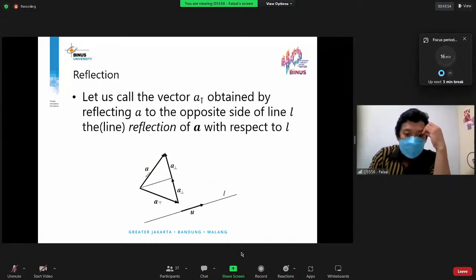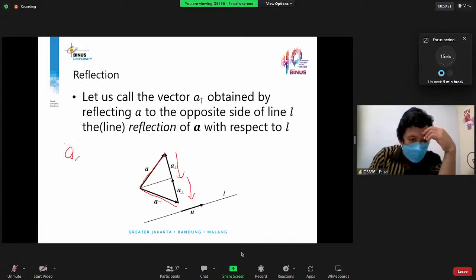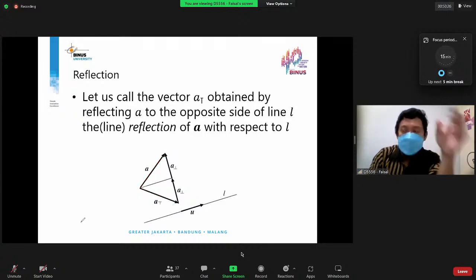So the reflection is the sum of A, plus the minus of the rejection, plus the minus of the rejection. So we get the reflection by using the rule of addition of vectors.